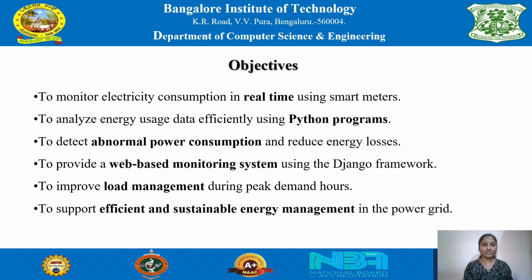Next one is objectives. The main objective is to monitor electricity consumption in real time using smart meters. The aim is to analyze energy usage efficiently using Python programs. It also focuses on detecting abnormal power consumption and reducing energy losses.